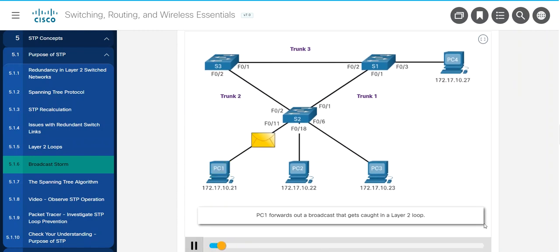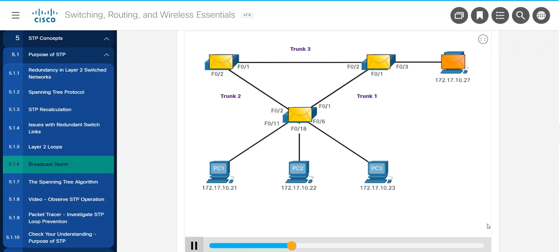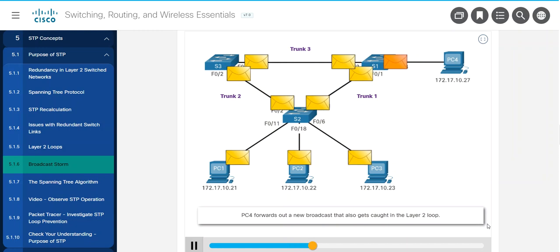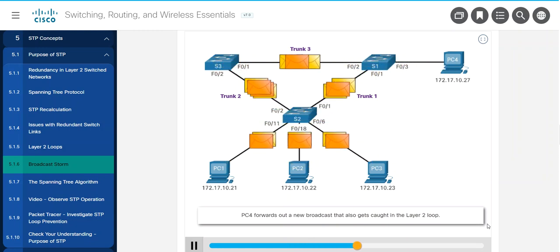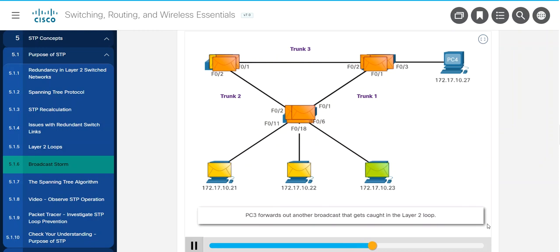So this is an example of what could actually happen. So PC1 sent that to switch 2, and look at all the packets moving around. Again, there have been entire networks that have been brought down because of these broadcast storms. So you can see it becoming more of an issue here.